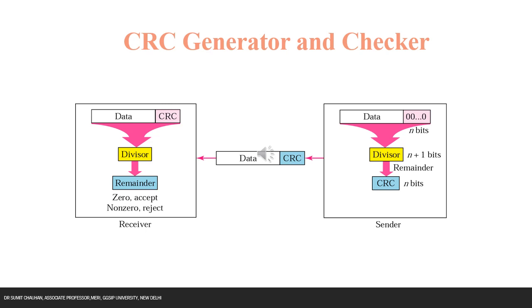When the data and the trailer, that is CRC remainder, are received at the receiver end, it is again divided by the divisor, and the remainder should be 0. If it is 0, it means that there is no error in the data, and if it's non-zero, then you have to reject the data.